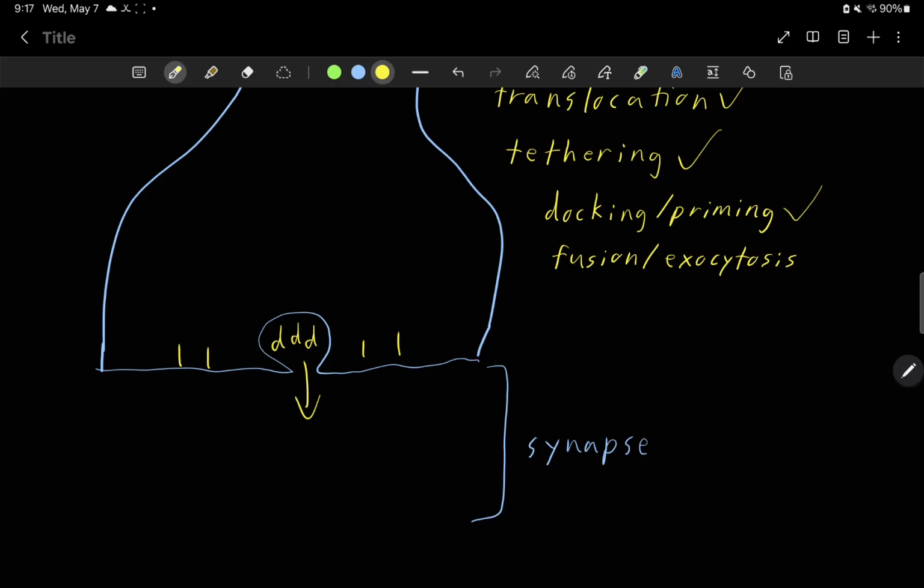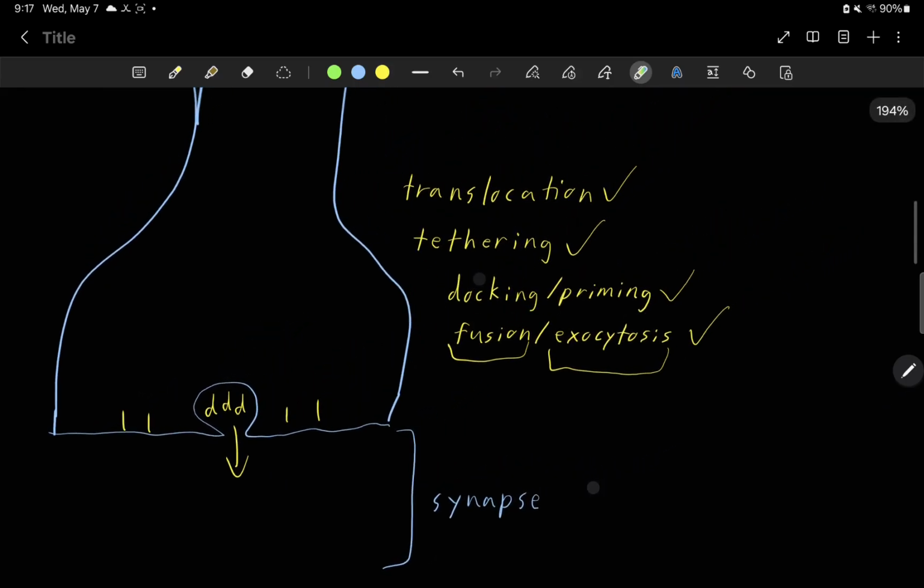And now you have effectively released dopamine. So this last step is fusion and exocytosis. Fusion is the fusion of your vesicle and your cell membranes, and then exocytosis is the release of your messenger molecules, in this case dopamine, but this applies for lots of other messenger molecules. But the release of these messenger molecules out into your synapse. So we did it. We released the dopamine that was stored inside our vesicle out into the synapse.